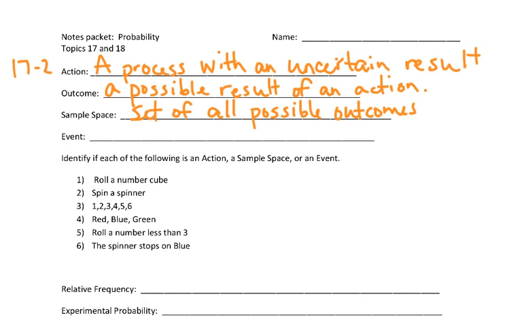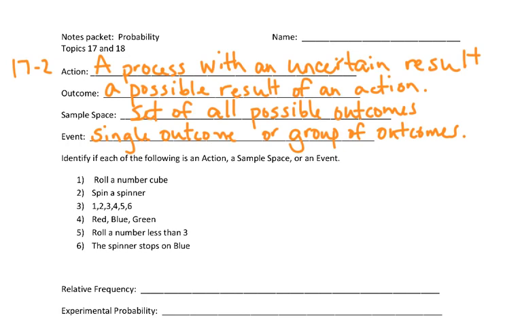An event is a single outcome or a group of outcomes. So the event would be flipping a heads, or another event would be flipping a tails.